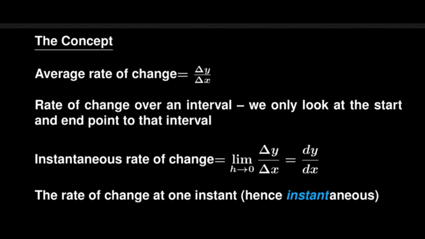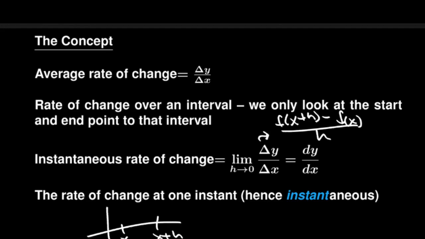So this is going to be f of x plus h minus f of x, all divided by h, as that h approaches 0. Because remember we said that if we have x and an x plus h, the distance between the points is h. So we let h approach 0 so that we have 1 instant instead of 2.